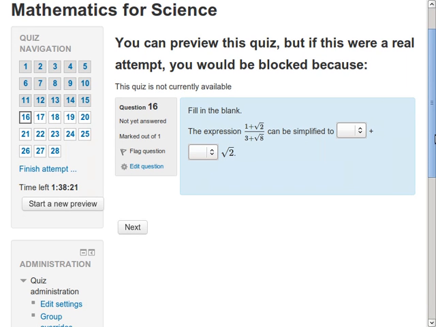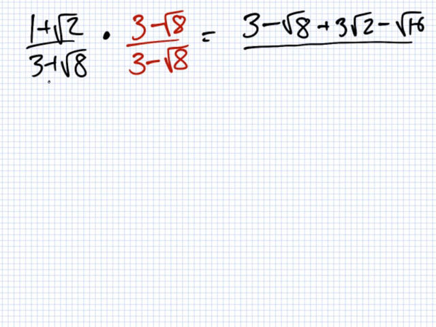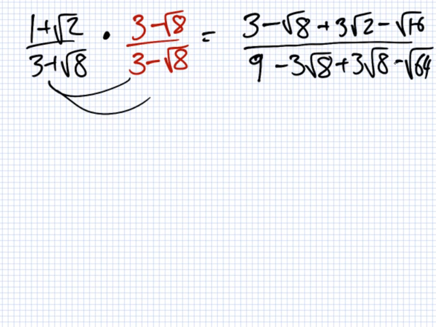1 plus root 2 over 3 plus root 8. We should multiply the top and bottom by 3 minus root 8 over 3 minus root 8. On the top, when I multiply, I'll get 3 minus root 8 plus 3 root 2 minus root 16. And on the bottom, I'll get 9 minus 3 root 8 plus 3 root 8 minus root 64.